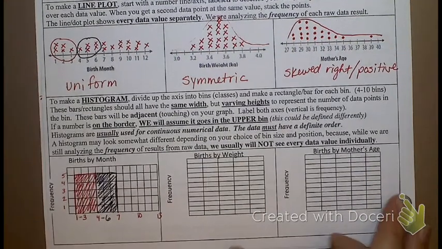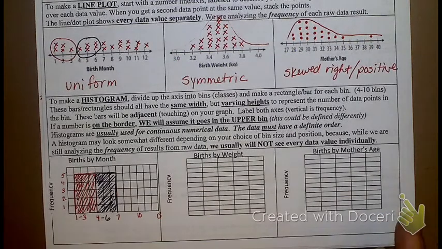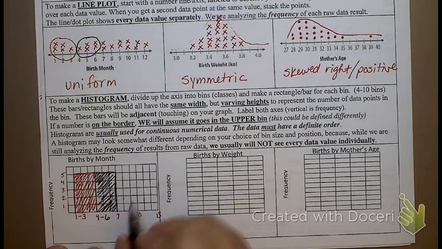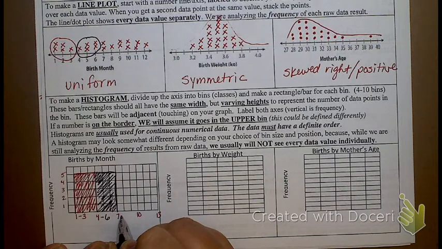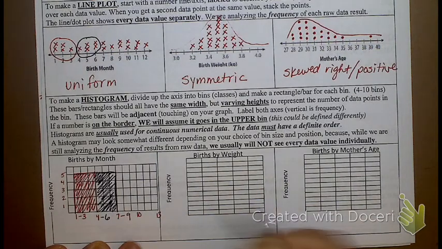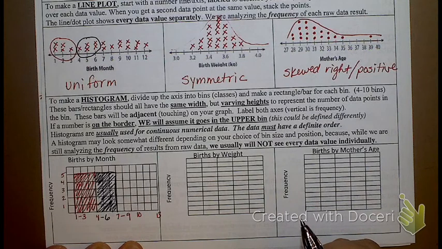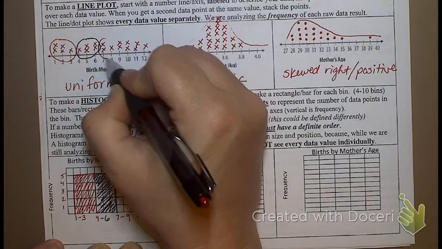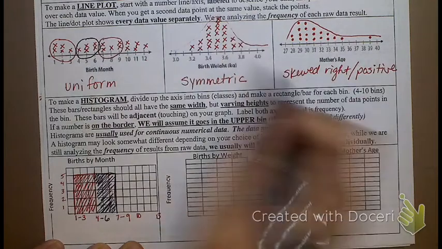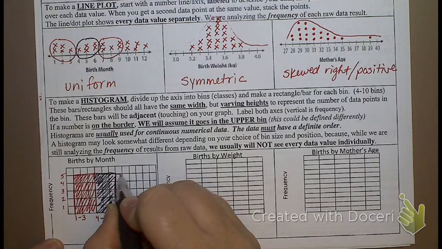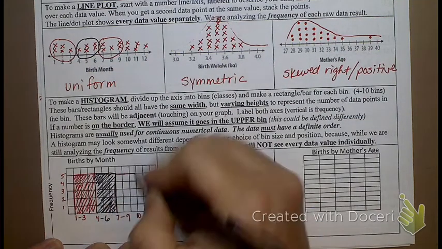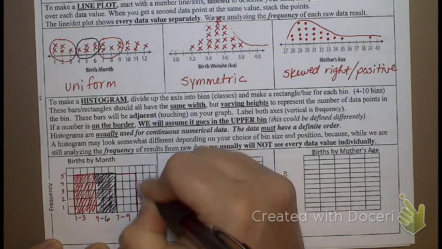Does that make sense? As everybody's digging through their bags for different colors. So what's my next bin going to be, or my next bar? Months 7 through 9, because that's 7, 8, and 9. That's my next 3 months. How many babies are born in 7 through 9? 5. Do you see that? So again, all the way up to where the next one's going to start.